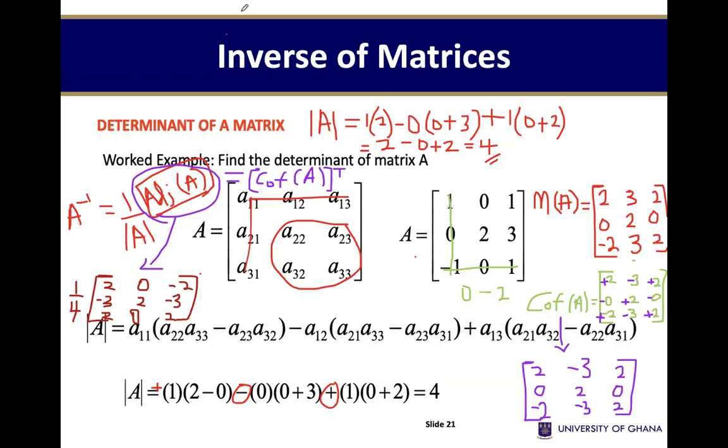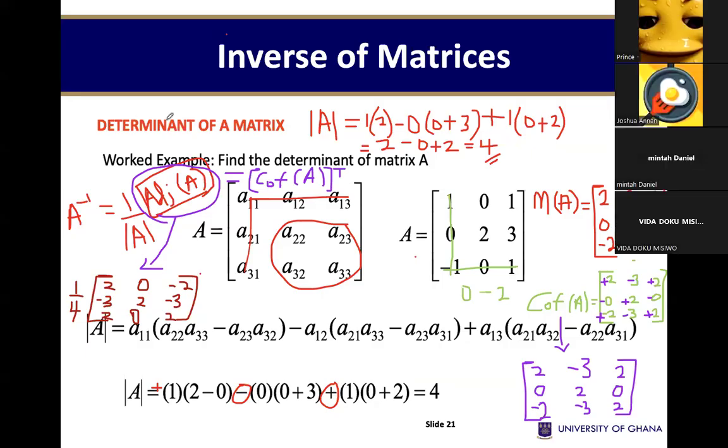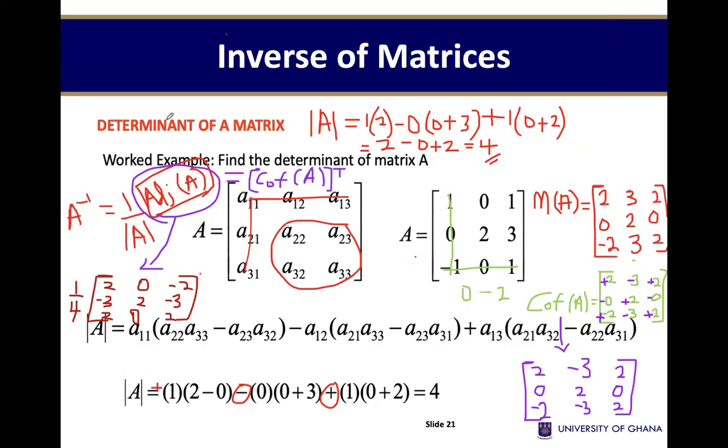So I really understand the concept of using 1 over 4, since the determinant was 4. But for question 2, they didn't say to find the inverse. So why did we find the inverse?